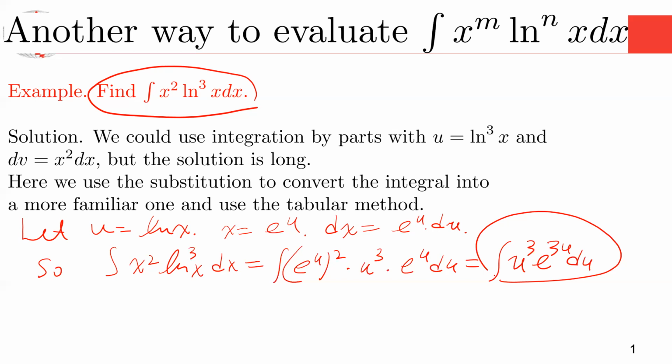And we can use the tabular method, which we know is really efficient. So the integral we end up with is the integral of u cubed e to 3u du. Remember the tabular method works really well for the integral of a product of polynomial and exponential function.